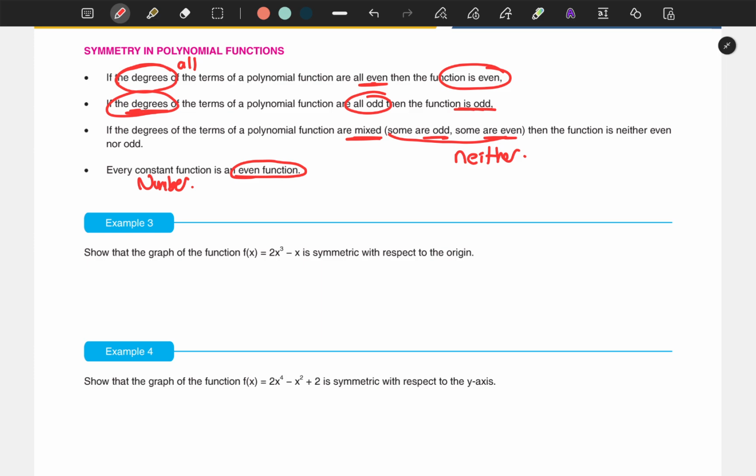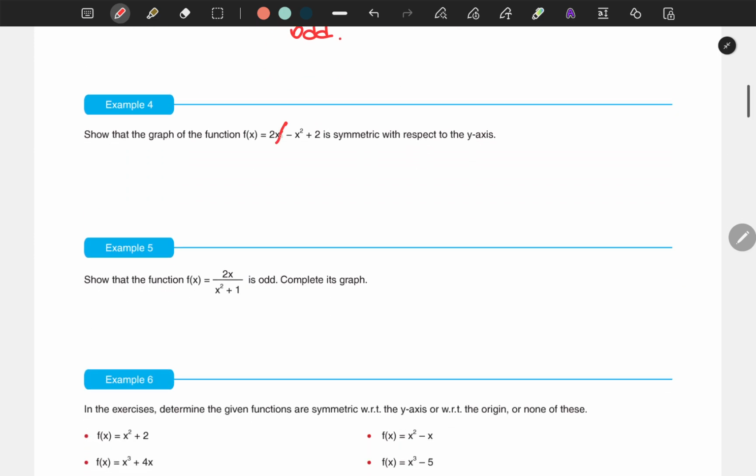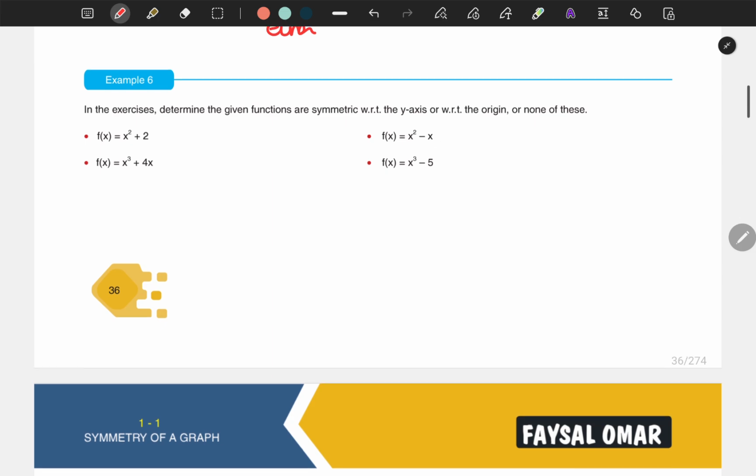Okay? Every number. Now, here I have a question. Look, power odd, this is the odd function. That's it. Look, power even, and the constant is even by even. When you look at up, it's odd, isn't it? Because x power of 1. Down is even, odd, even divided by odd, it is odd. Yes. If I scroll down, I have an example.